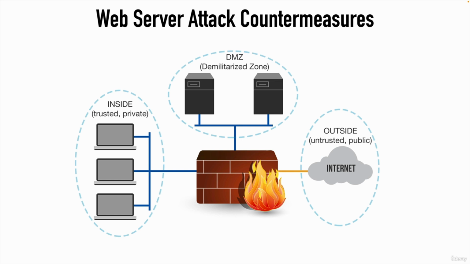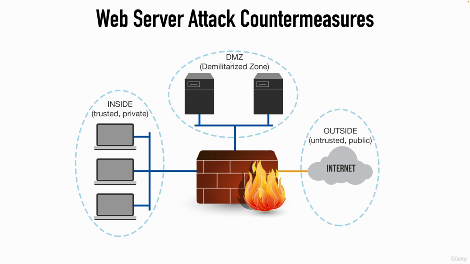Commonly, we will have a designated inside zone containing trusted and private machines, and we'll have an outside zone where things are public and untrusted, such as our connection out to the public internet. We also commonly see a zone called the DMZ, the demilitarized zone. Ideally, the DMZ is where we want to place things like FTP servers, email servers, and of course web servers.